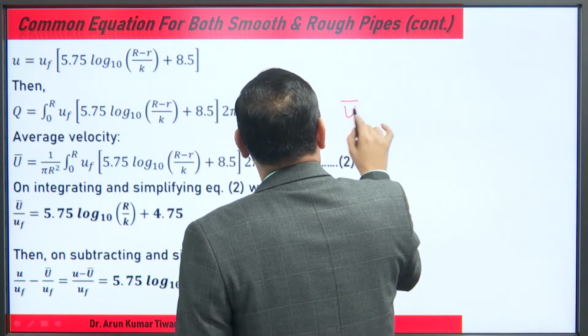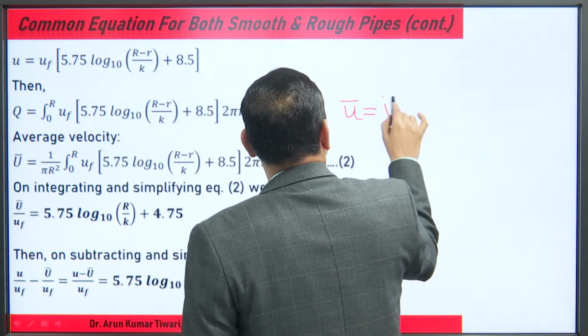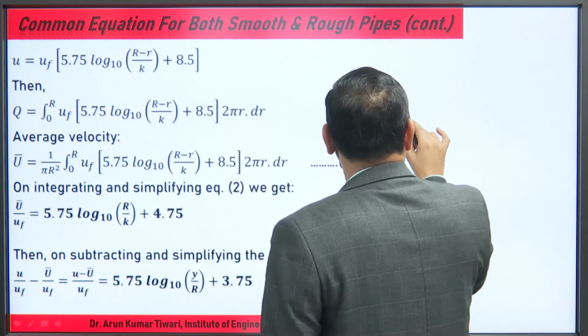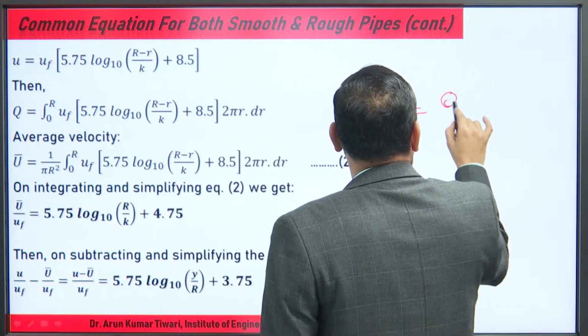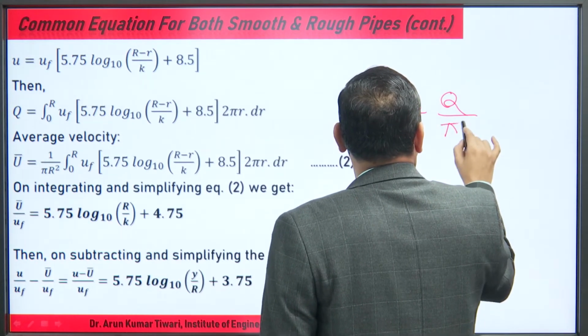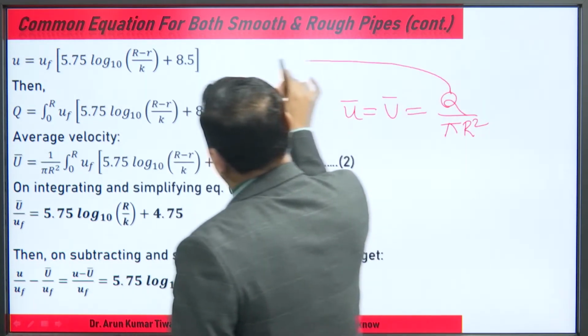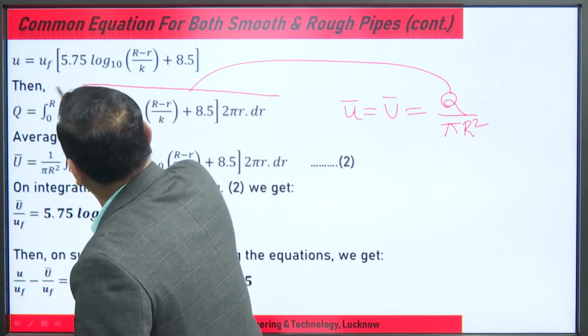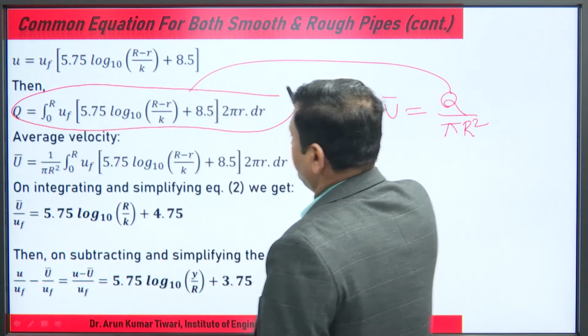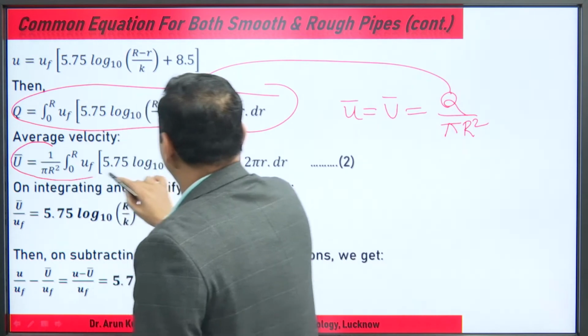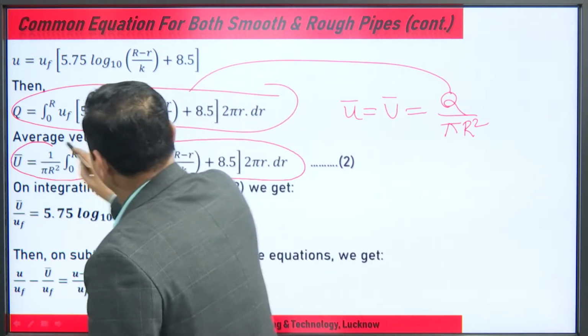We can note it with any symbol. Average velocity is equal to discharge Q upon pi R square, where this is the total area and this is the Q.